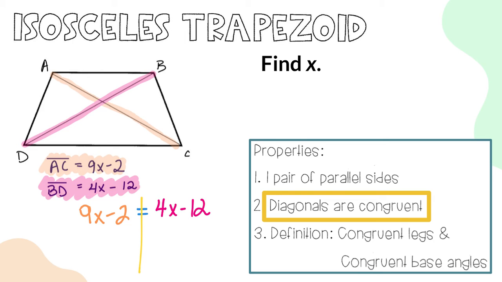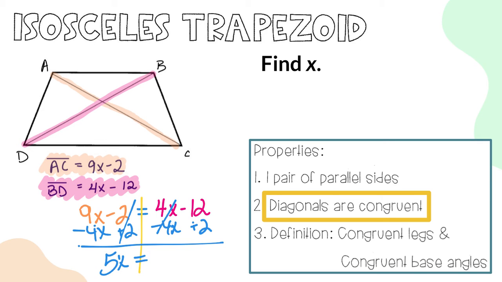So I'm going to subtract 4x and add 2. So I end up with 5x equals negative 10. And when I divide both sides by 5, x equals negative 2.